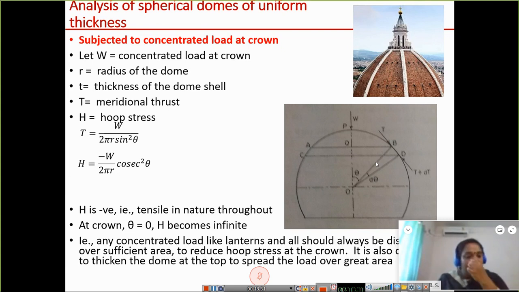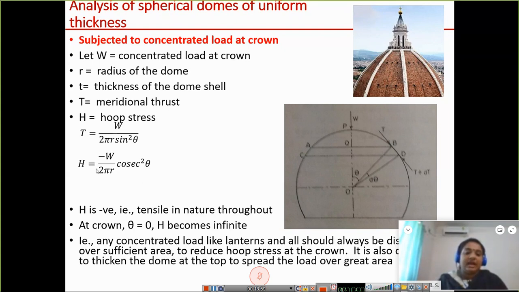And here the important thing is H is negative. So that means the H you are getting in all cases is tensile in nature. And at theta equal to 0, what will happen? Cosec square theta is there.